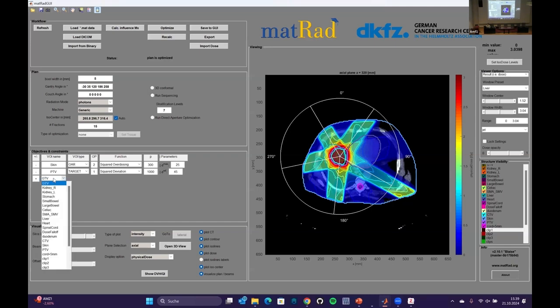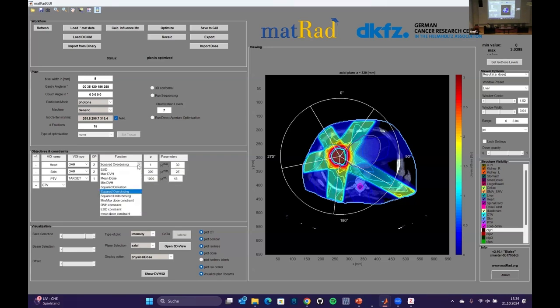is to here add a new function. So you go to the heart here. So make sure that heart is selected. And then press plus, and then the heart objective will be added. Yeah. And then you can think a little bit about what the function could be. So there are a few available in matRad.